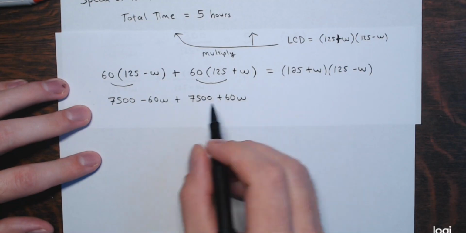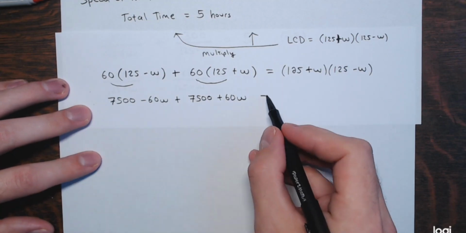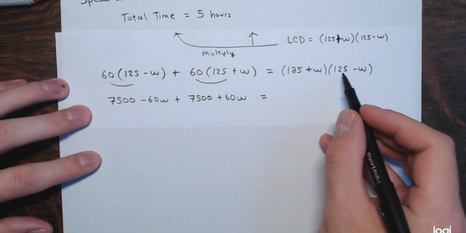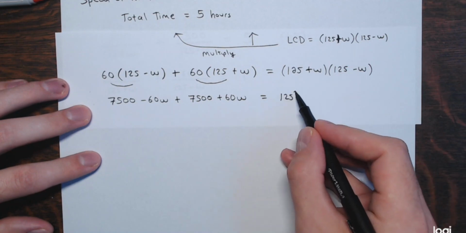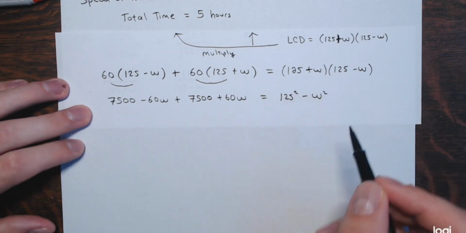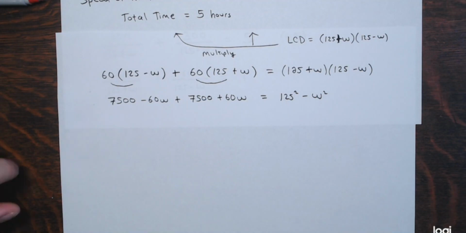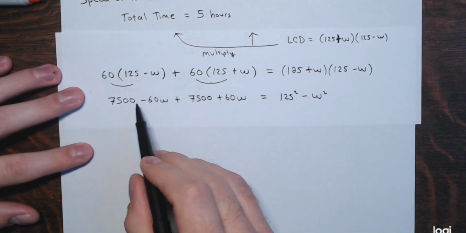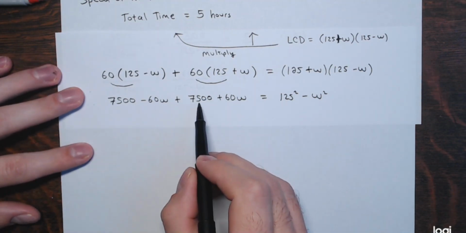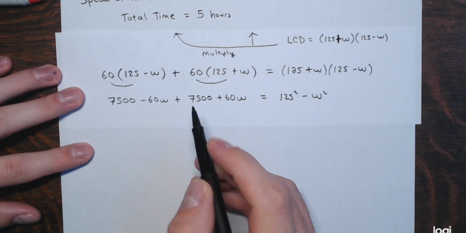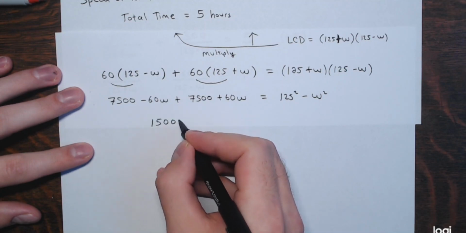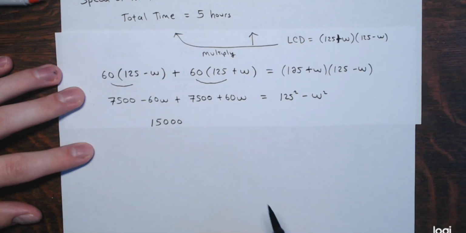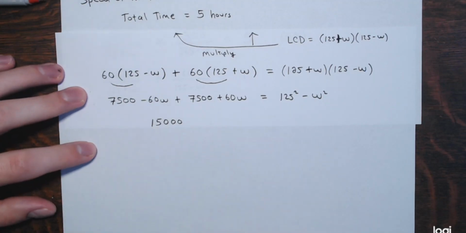So that's nice, the 60Ws will go away. Then I FOIL over here. Now actually this is a product of conjugates, so you just end up with the difference of squares, right? It'd be 125 squared minus W squared, right, when you multiply conjugates.